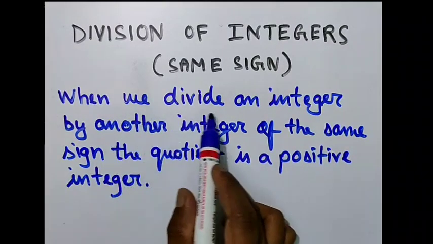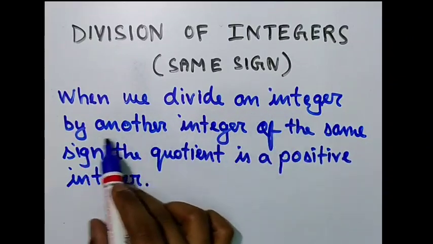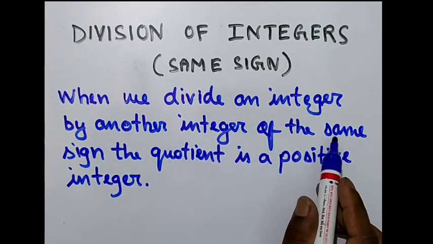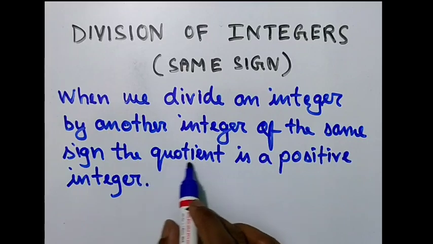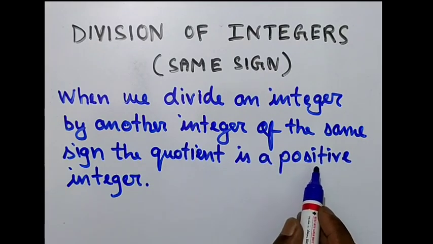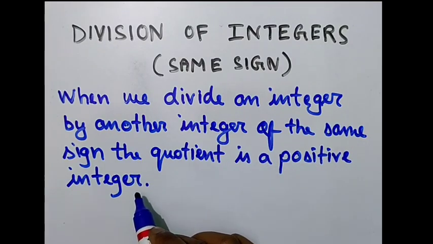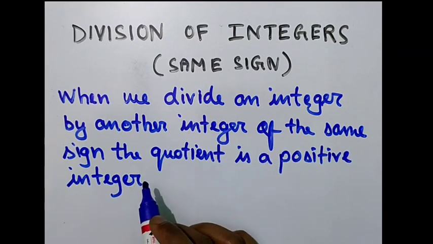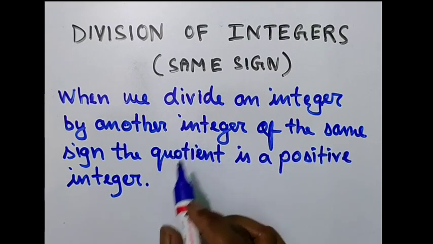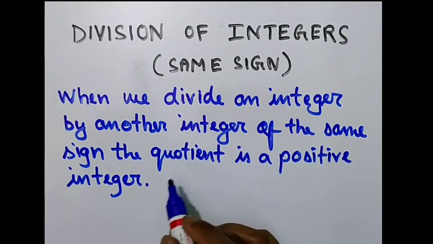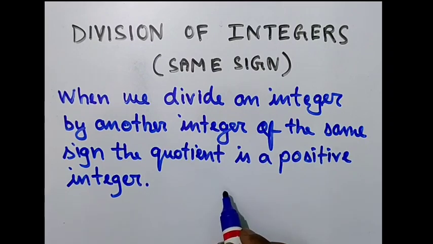When we divide an integer by another integer of the same sign, the quotient is a positive integer. So like multiplication, here if we divide one integer by another integer, the result will be positive integer, like in multiplication.